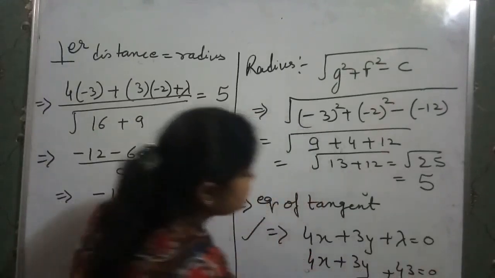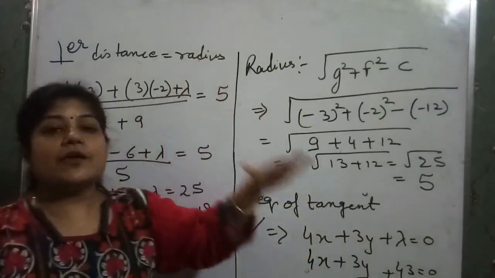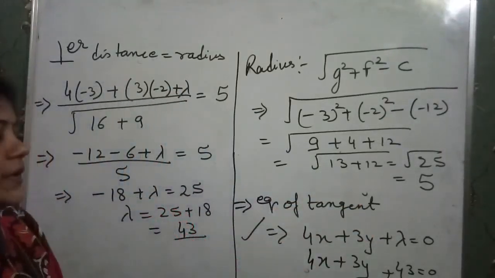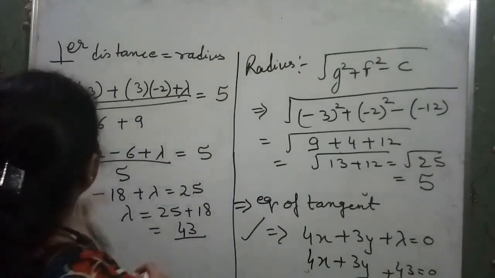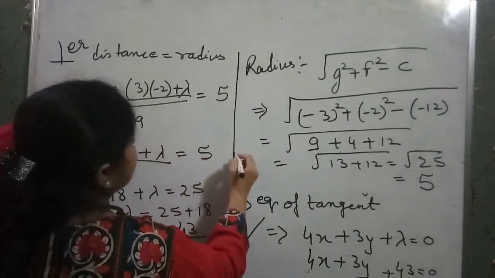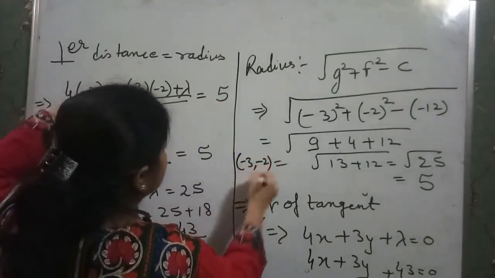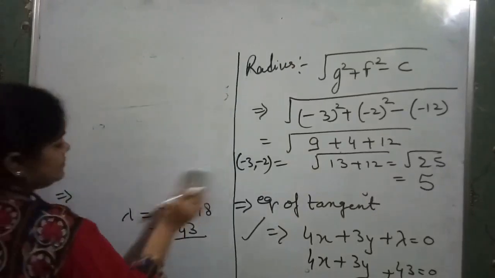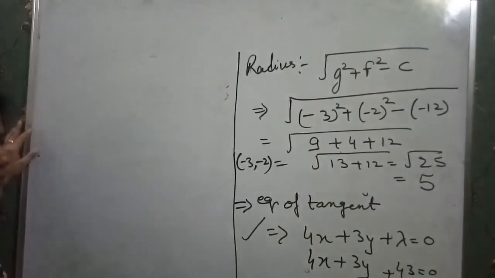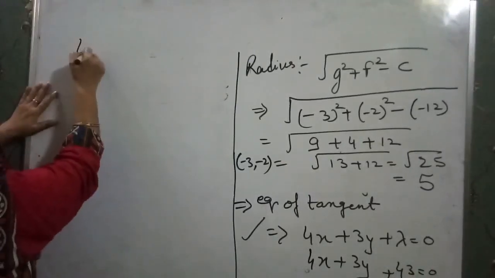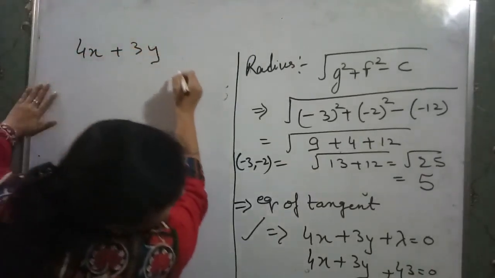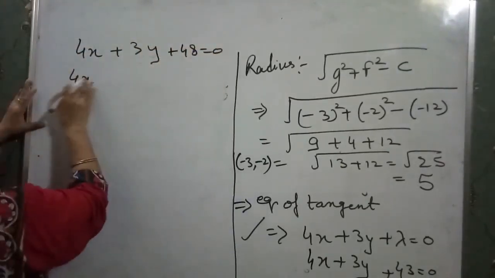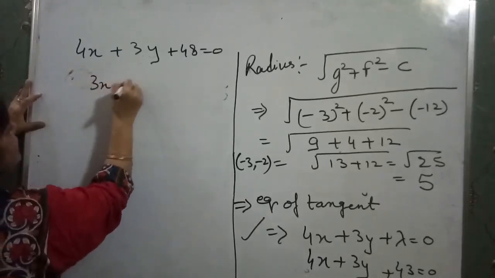And now if it is asked to find the equation of normal, you can also find it from there. I am going to tell you again the equation of normal. (-3, -2) are the coordinates of the center. The normal to 4x + 3y + 43 = 0 has the form 3x - 4y + λ = 0.